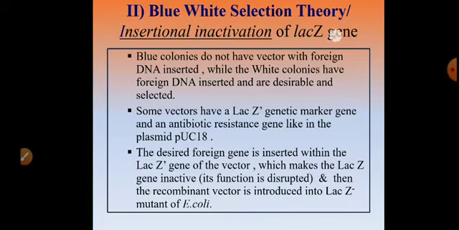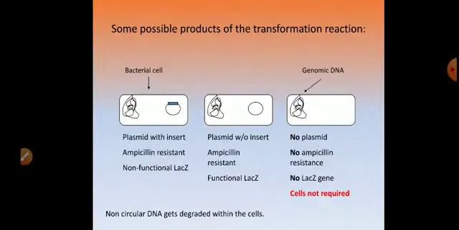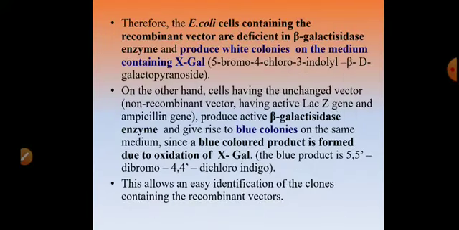Now, whenever we select such E. coli cells like lacZ minus cells, and you insert the foreign gene inside the lacZ gene, the function of lacZ is disrupted. Therefore, E. coli cells containing the recombinant vector are deficient in beta-galactosidase enzyme. How to identify them? They are grown on a medium which contains ampicillin and X-gal.